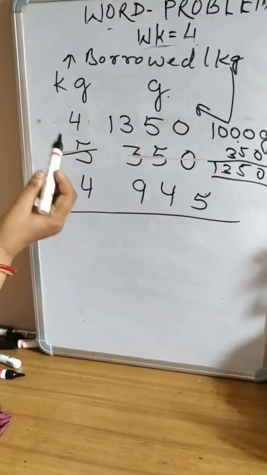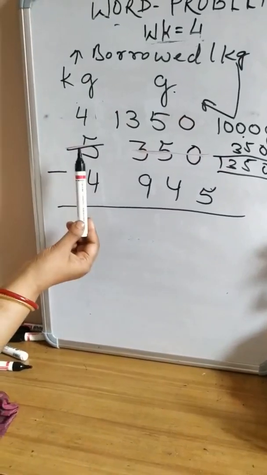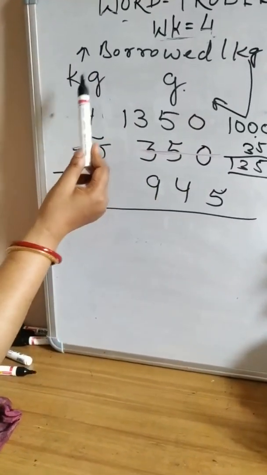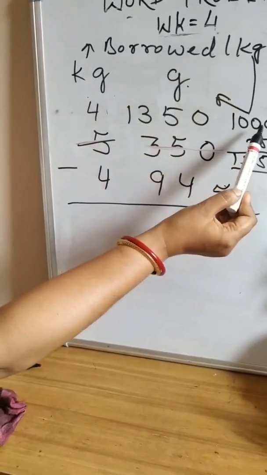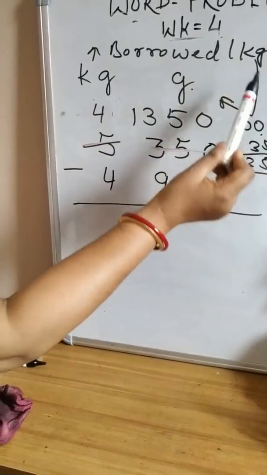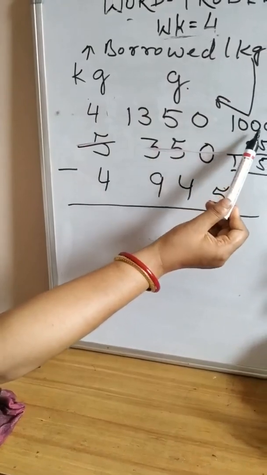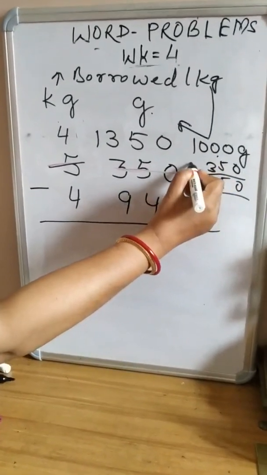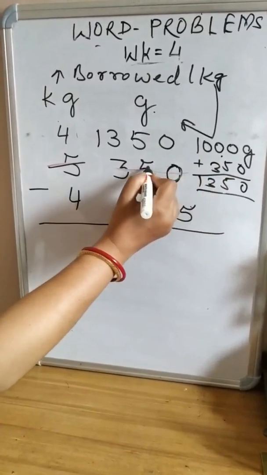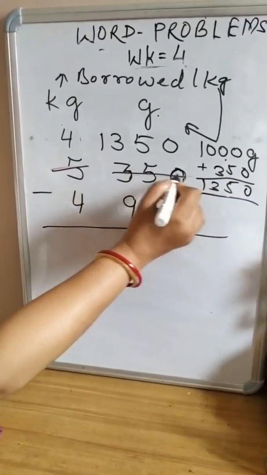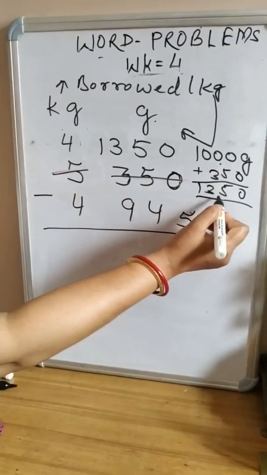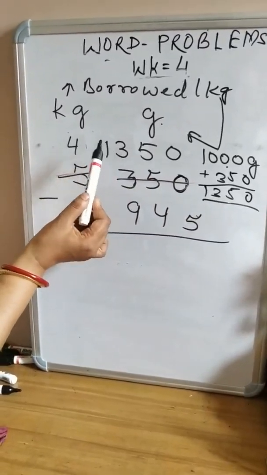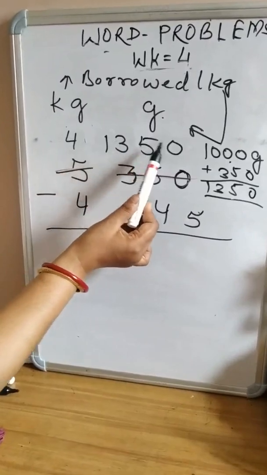Okay. After borrowing from the 5 kilogram, I will borrow 1 kilogram. This 1 kilogram is 1000 gram. 1 kilogram is converted into 1000 gram, and this 1000 gram is added with this 350 gram. Now it becomes 1350.